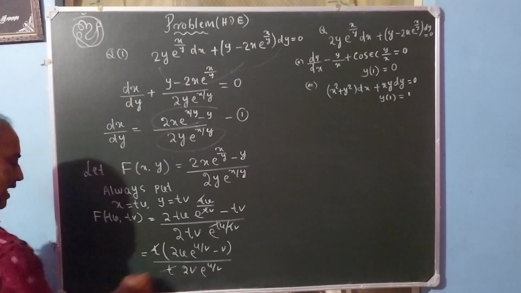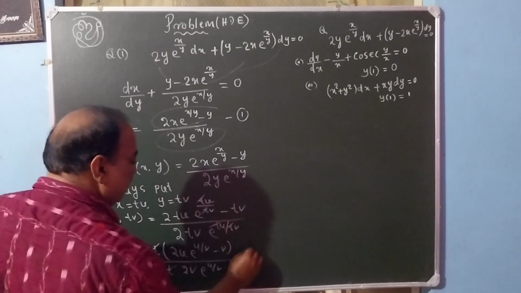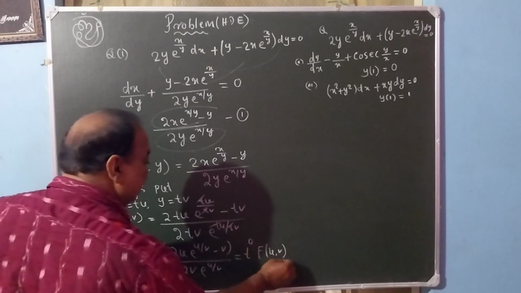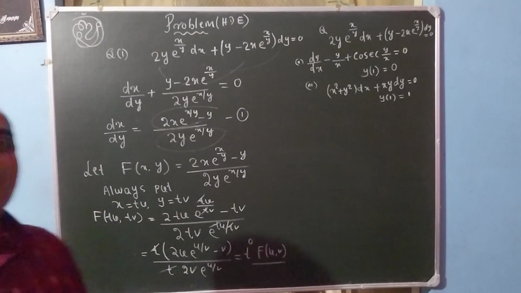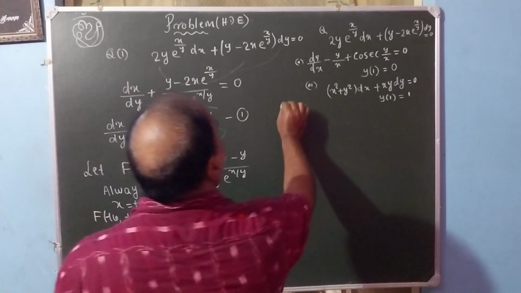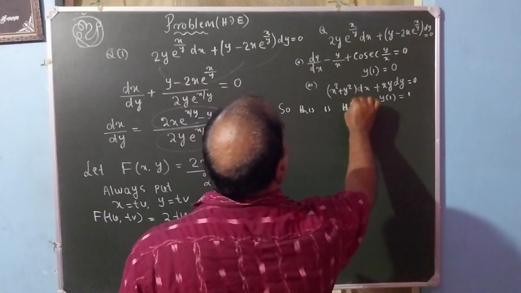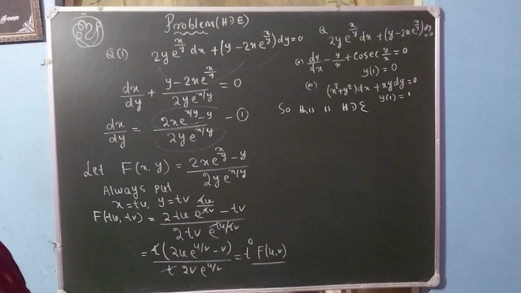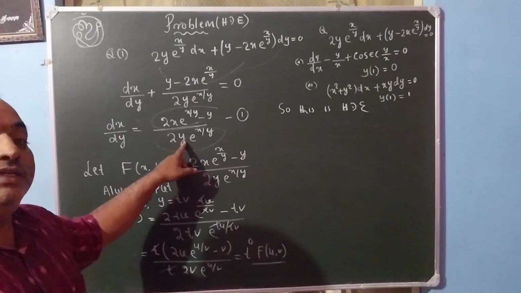So this is nothing but t to the power 0 f(u,v). So this is a homogeneous differential equation, HDE. This is of the type dx by dy equals M(x,y) by N(x,y).